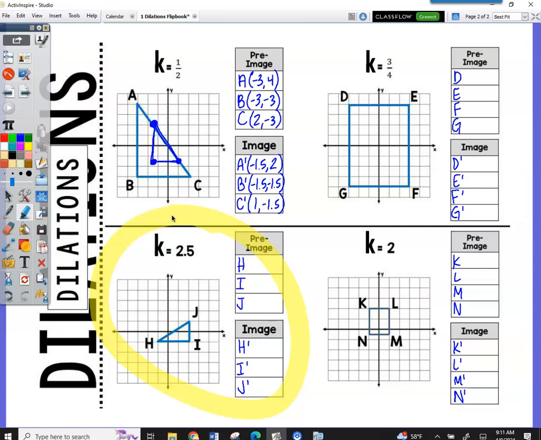You're dilating by 2.5, so you're just going to type that in the calculator. Multiply the numbers by 2.5. Then you're going to graph it.